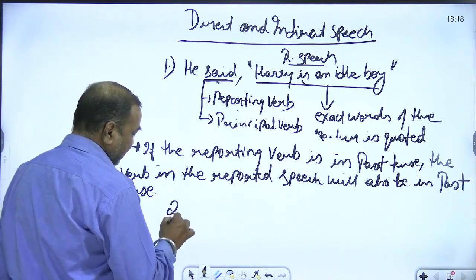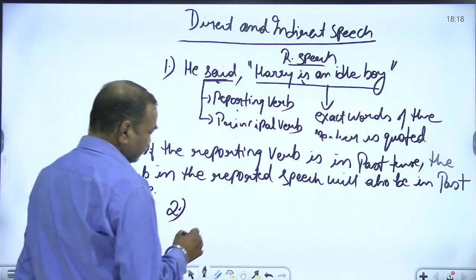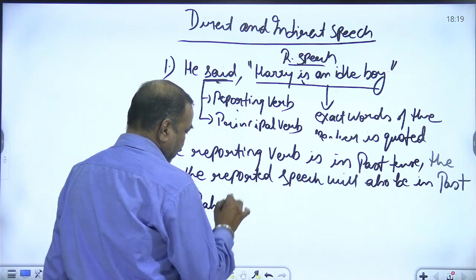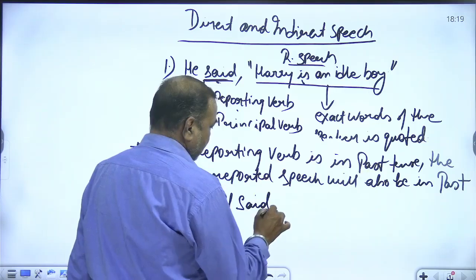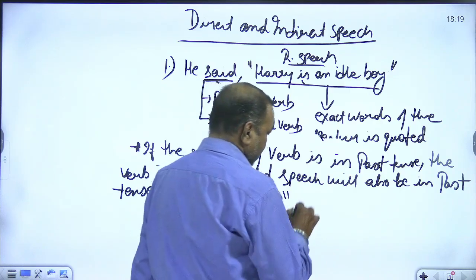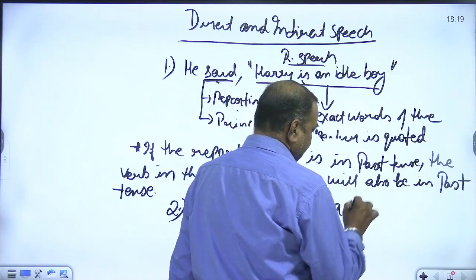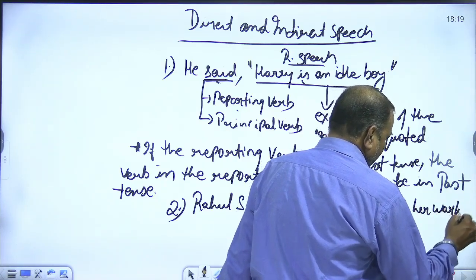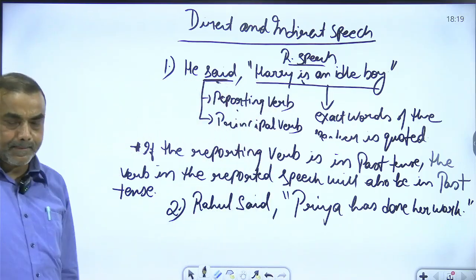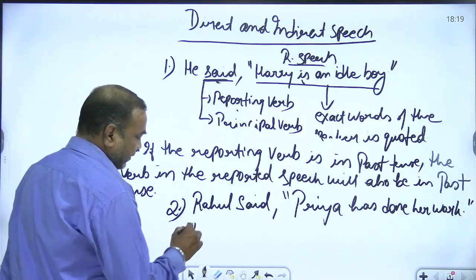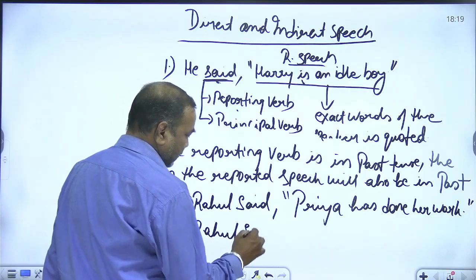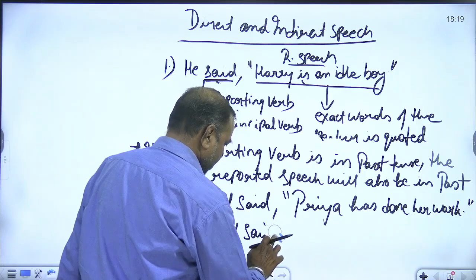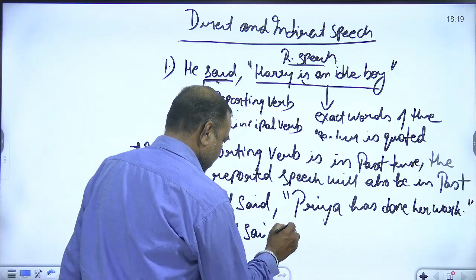Look at the second sentence. Rahul said, Priya has done her work. So क्या होगा?